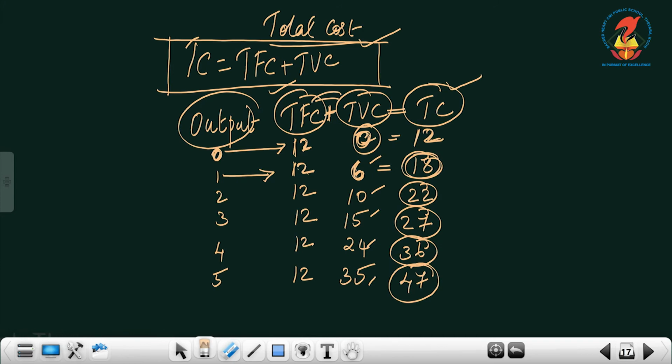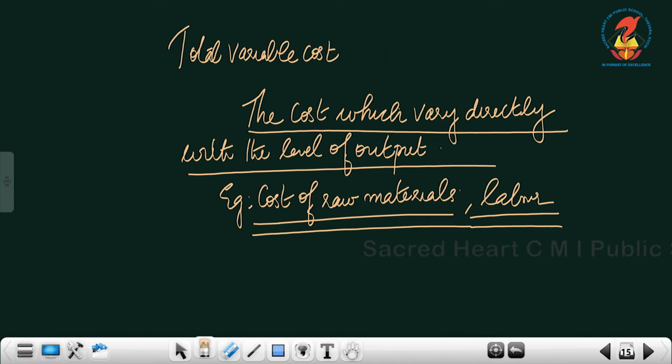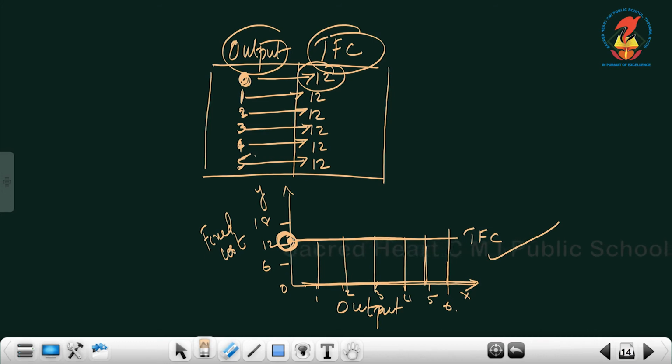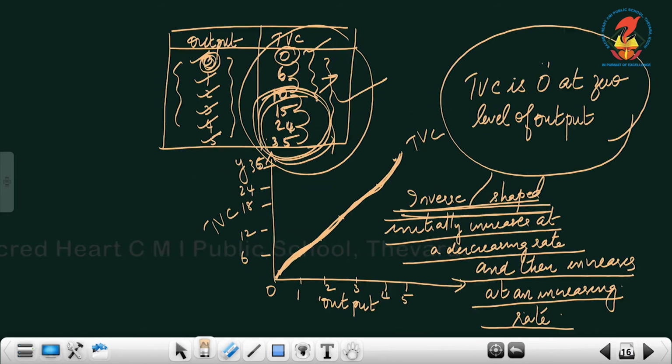TVC starts from the point of origin because at zero level of output TVC is 0. But TFC cannot start from the point of origin because at zero level of output there is a total fixed cost. So therefore we can say TFC will start only from a particular value because at zero level of output there is a total fixed cost of 12. Whereas TVC starts from the origin because at zero level of output the TVC is 0.